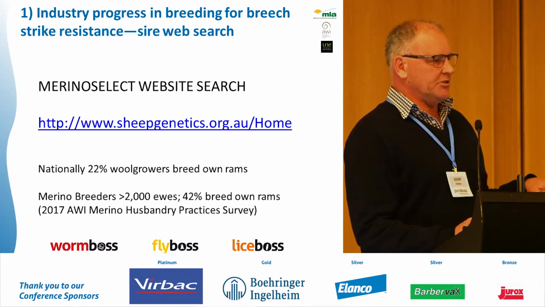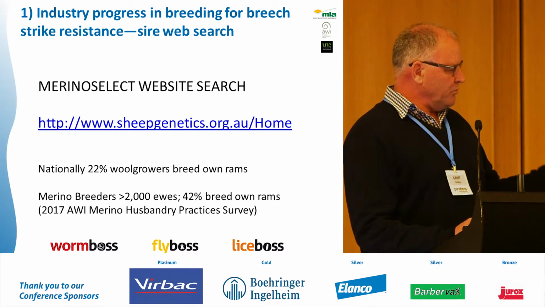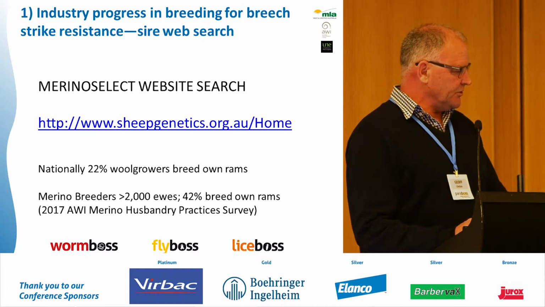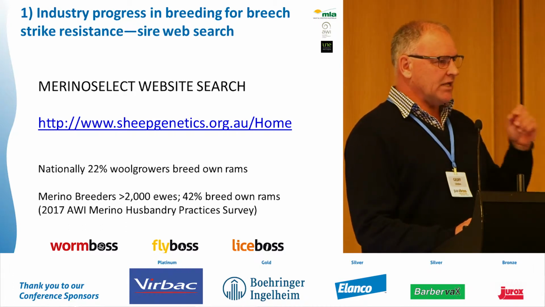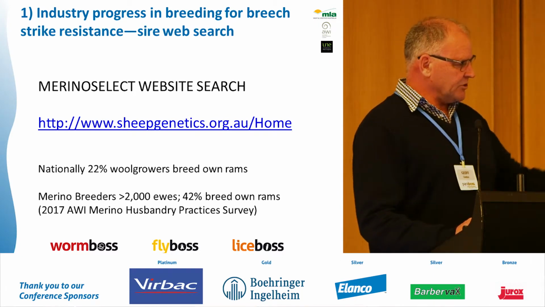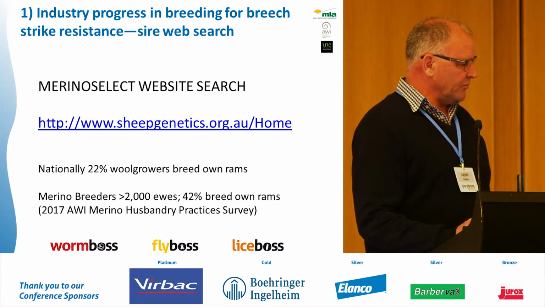Around 22% of wool growers are actually breeding their own rams. But when you're a wool grower running more than 2,000 ewes, that bumps up to about 42%. So amongst those larger growers, about 42% are breeding their own rams, and hence I thought of going down this path to show you a little bit about what's on the website.